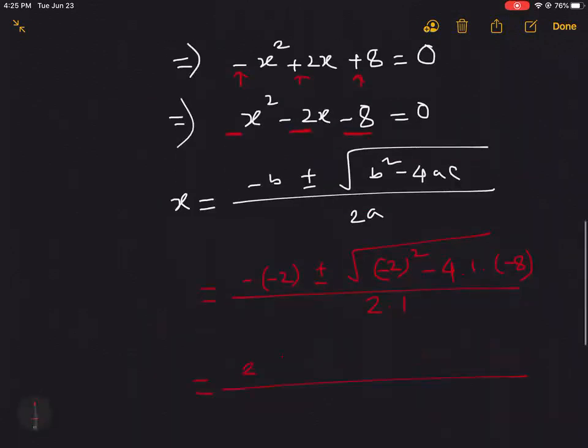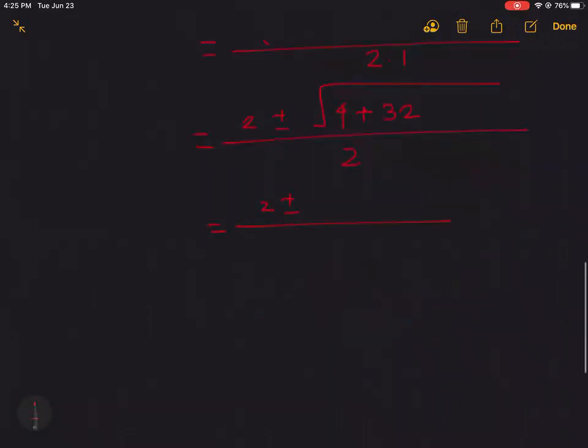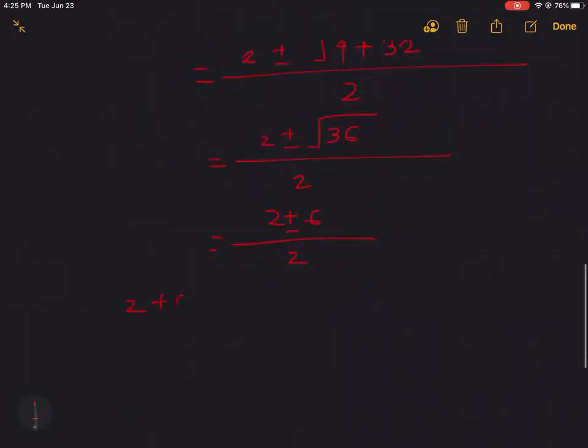So it will be a positive 2 plus minus square root of 4. This negative and negative will be positive. 4 times 8 is 32, over 2. 2 plus minus, 4 plus 32 will be 36. Square root of 36 is 6. So we'll have 2 plus 6 over 2 or 2 minus 6 over 2.